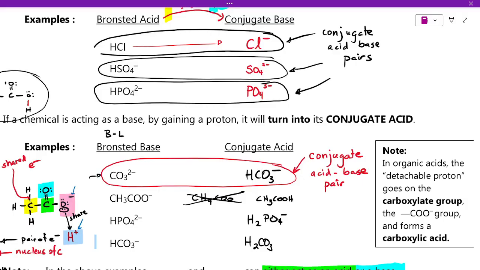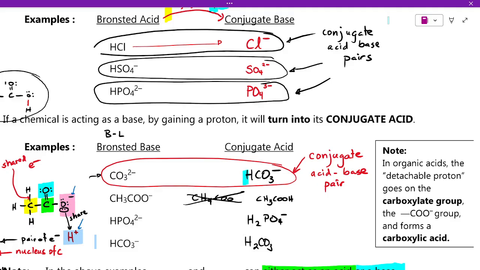The first one is like amphiprotic. Which one? The first one? HCl? No, no. The CO3, HCO3 minus. I've had a suggestion of HCO3 minus. Let's focus in on that one.